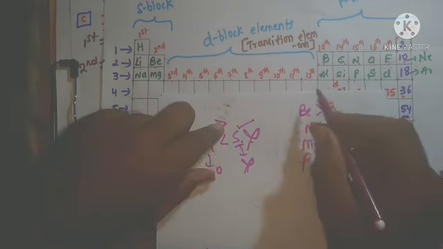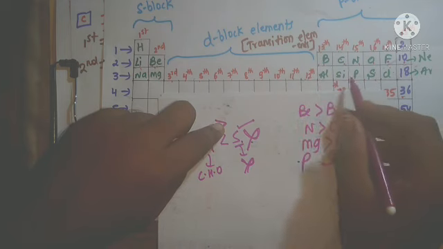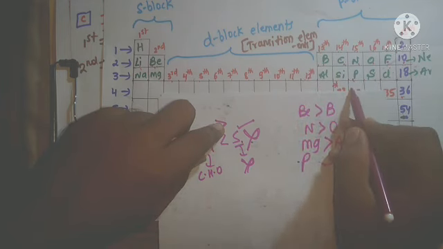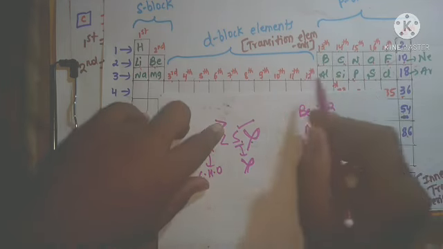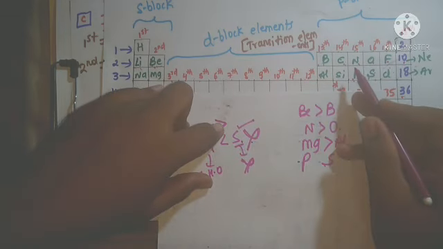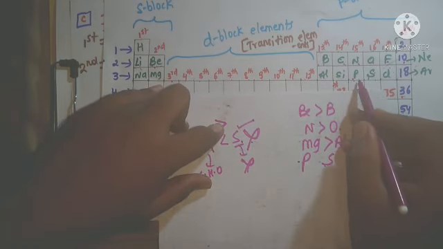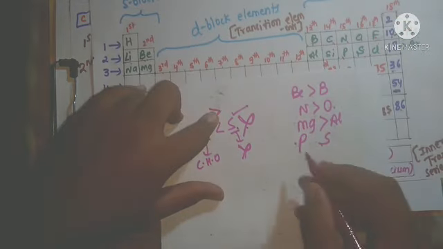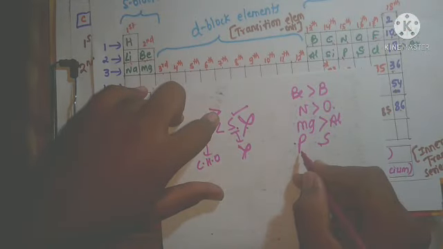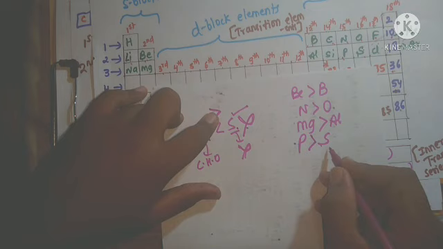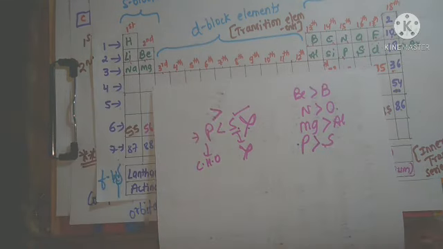If you think only along the periods, phosphorus should have less ionization potential than the sulfur, because along the period ionization potential goes on increasing. But that is wrong, because phosphorus has completely half-filled orbitals, it has more ionization potential than the sulfur. This is over, right?